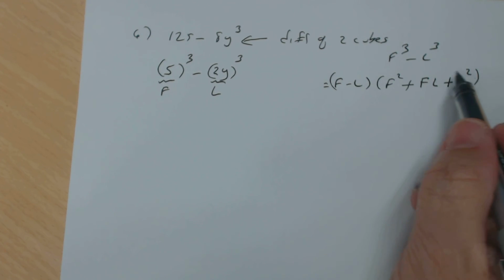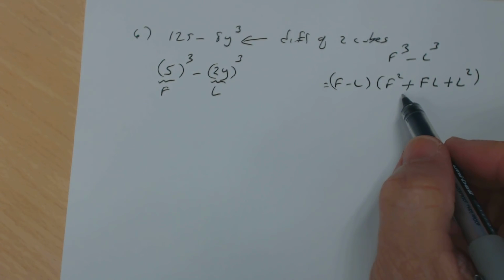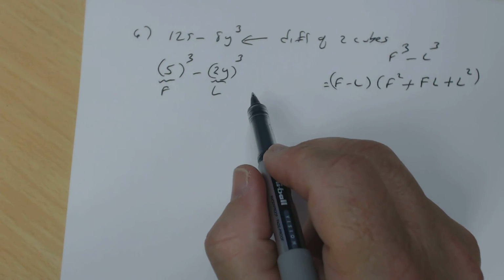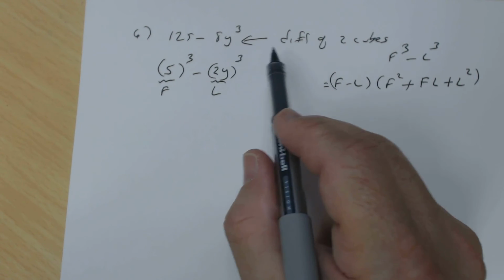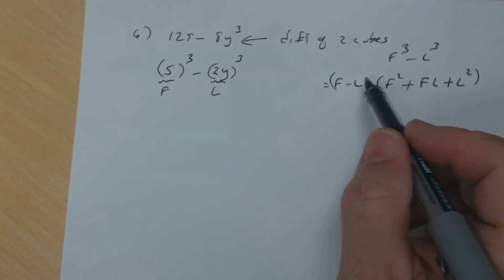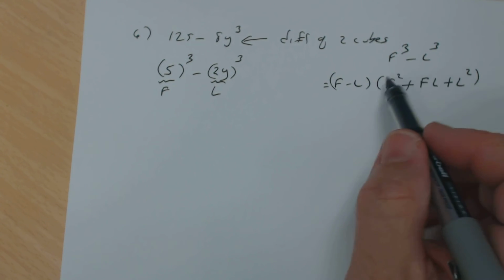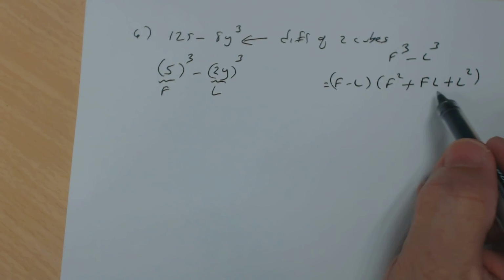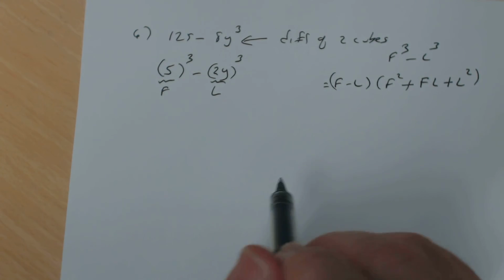And this trinomial cannot be factored. Now that's assuming first of all that you look for a GCF first. Always look for GCF first. If you factor out the GCF, then this right here cannot be factored any further. So don't waste your time seeing if this trinomial can be factored further.